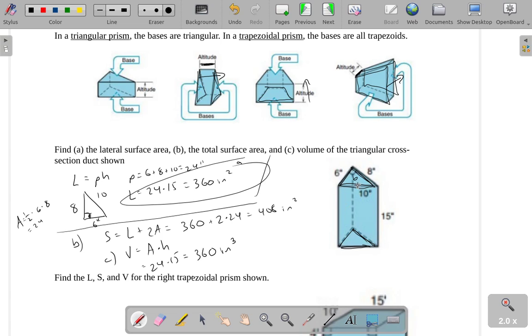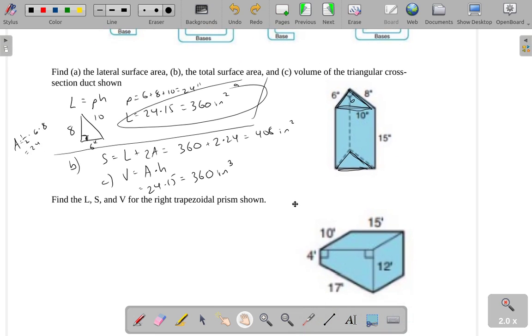This was a number of square inches. This would be the amount of, if you were painting this, the amount of paint it would take to cover up the three lateral sides. That's what the lateral surface area is. If I was talking about the volume of this, that would be maybe the amount of air that this thing could hold. Clearly, that's not the same thing at all.